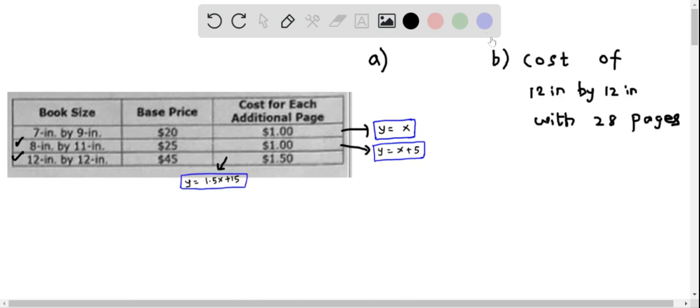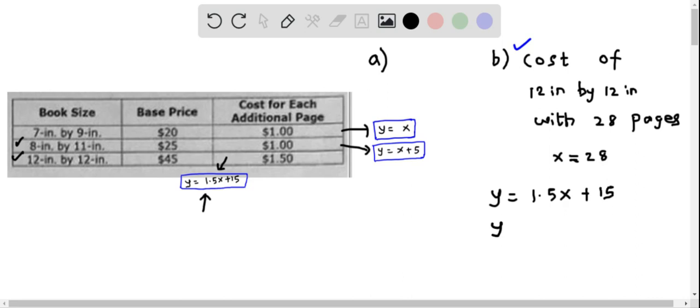Let's answer part B. Here we determine the cost of a 12 inch by 12 inch book with 28 pages. This means we can plug x equals 28 into the equation that we have found. I'm going to use the equation y equals 1.5x plus 15.